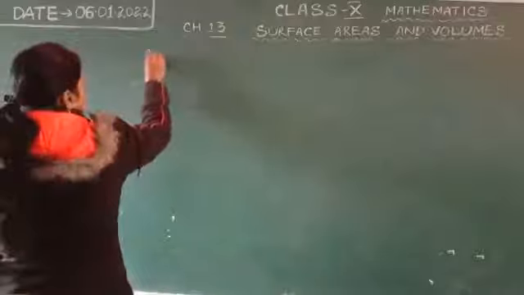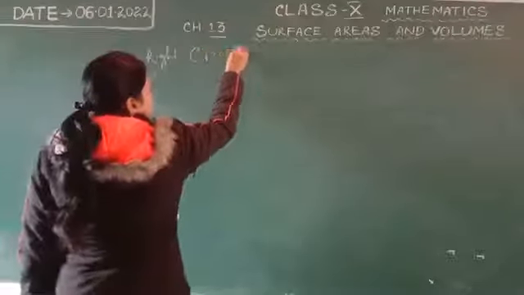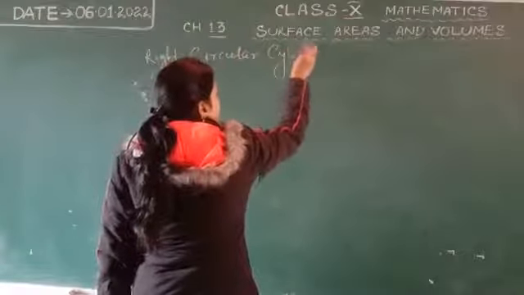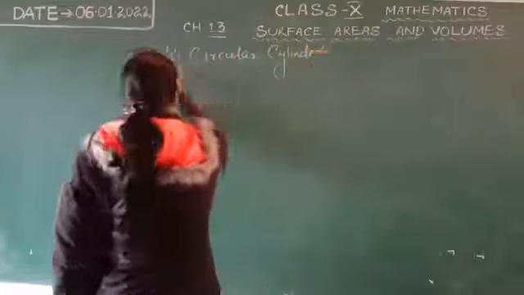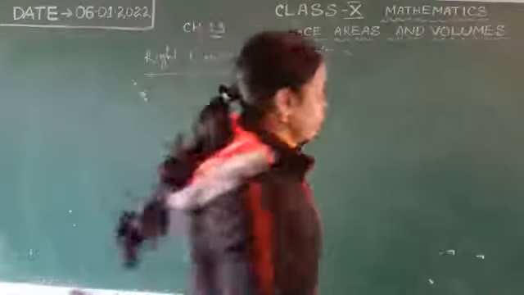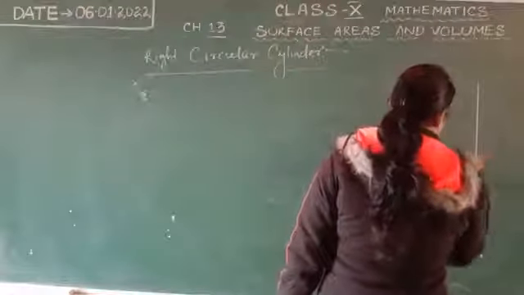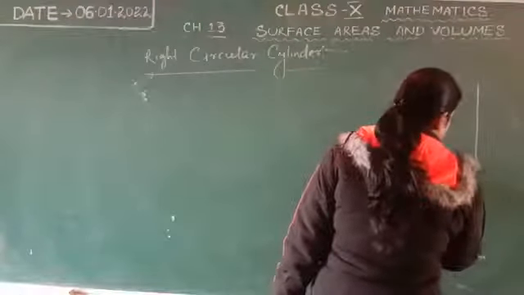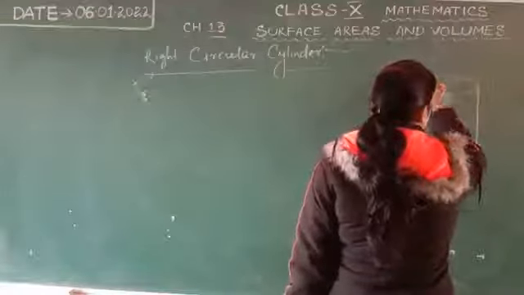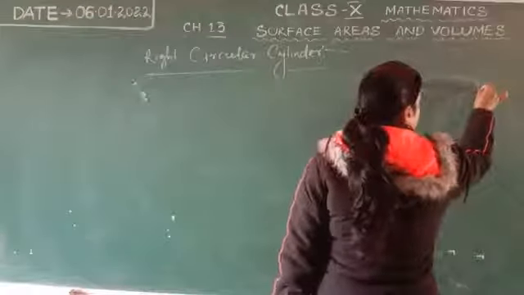Then the fourth one is a right circular cylinder. So I think all of you know what type of shape is here. Now this is the radius.